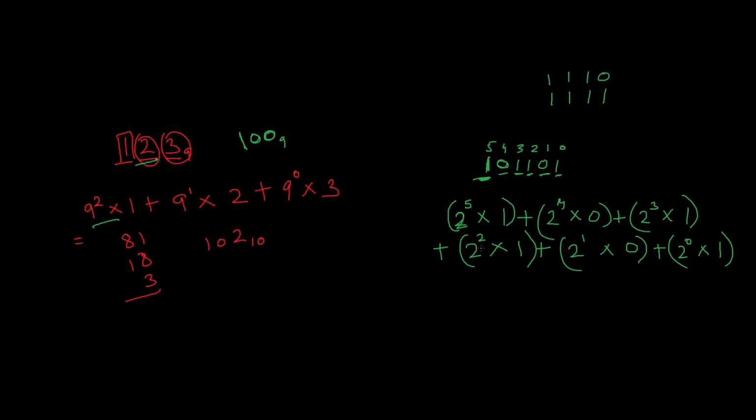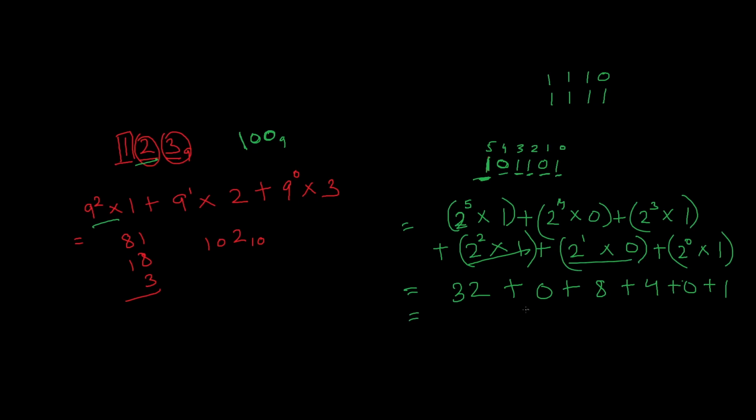And if I add all of these numbers up, let's try to solve this. 2 to the power 5, that is 32, times 1 is 32, plus this is 16 times 0, that is 0, plus 8 times 1 is 8, plus 4 times 1 is 4, plus 2 times 0 is 0, plus 1 times 1 is 1.